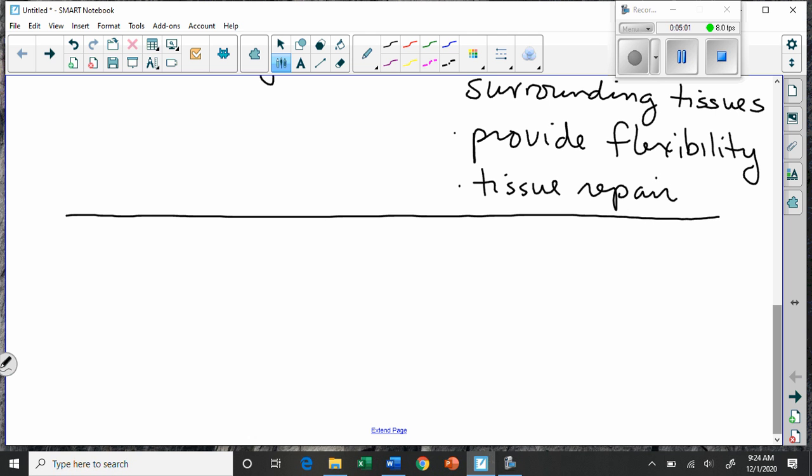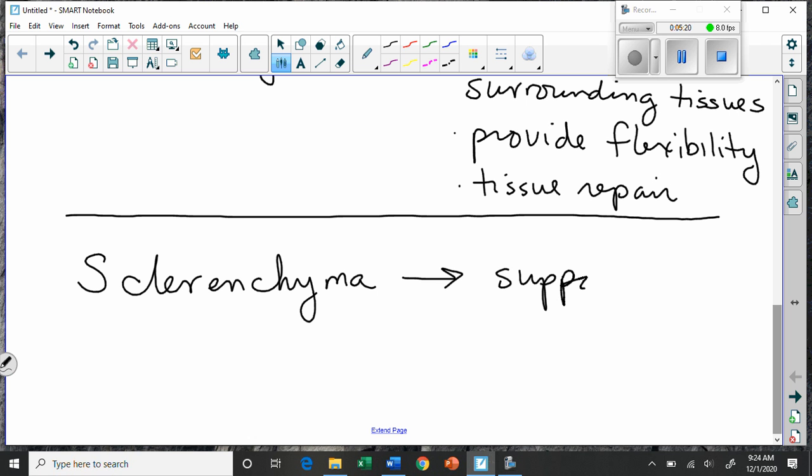And then lastly, we have the Sclerenchyma. The Sclerenchyma cells basically support the mature plant. They have a very strong, very rigid, thick cell wall.